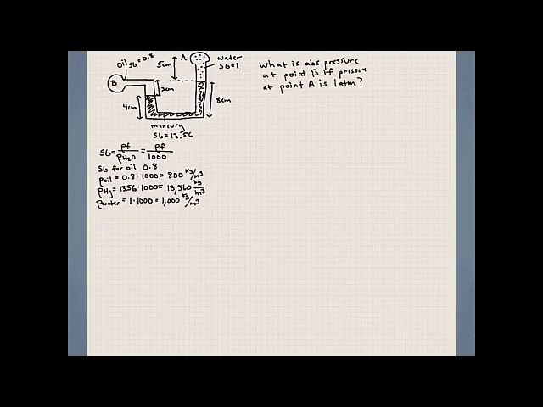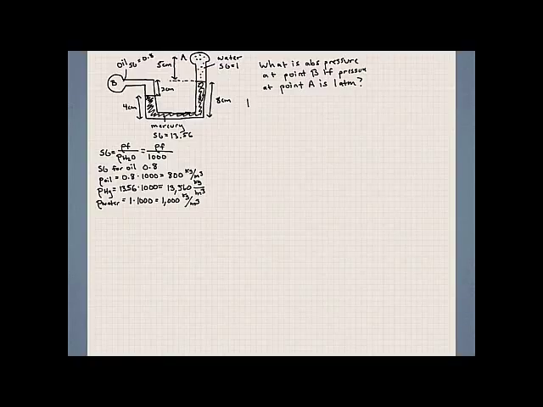I'm going to show you the way that I like to approach these manometer problems. You may have a different preference of how to solve these. Likewise, you could do a search for other methods of solving this, but this is my particular favorite method. I find it the easiest to follow.